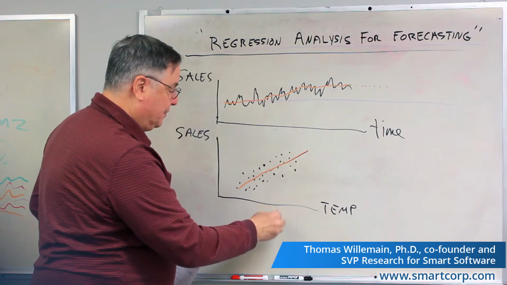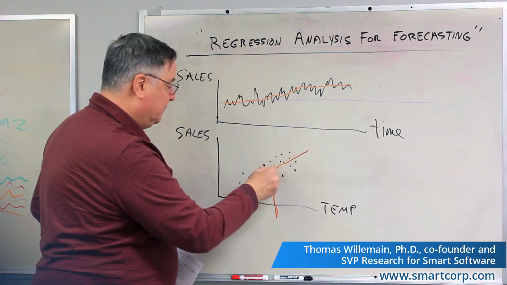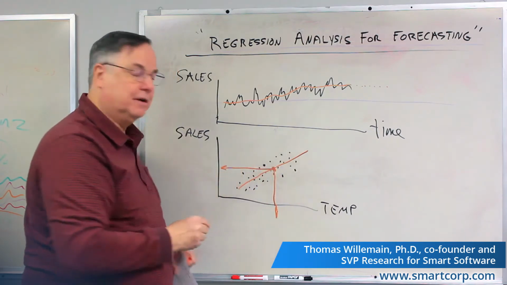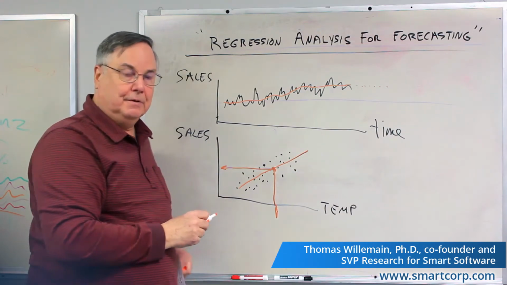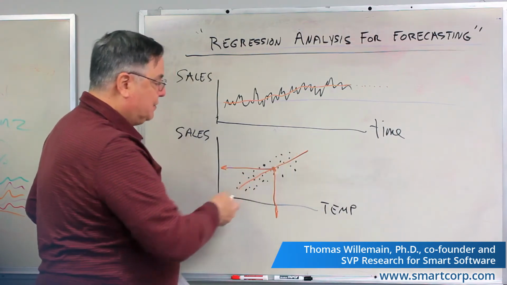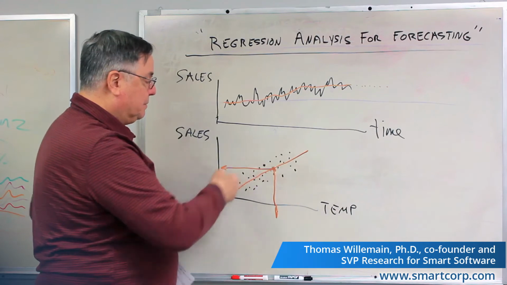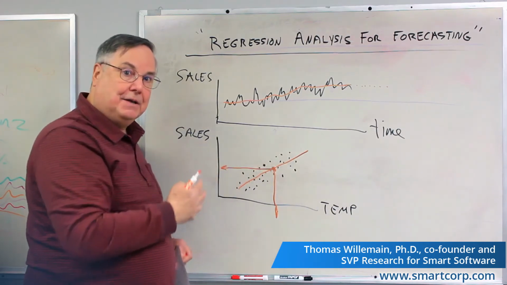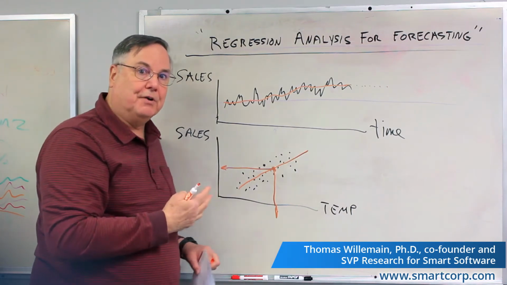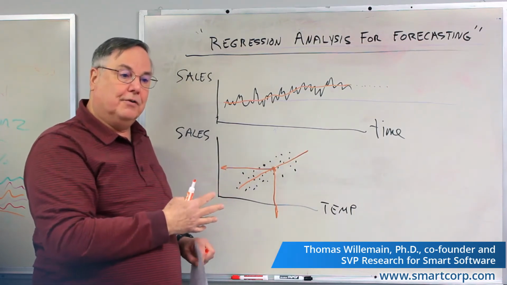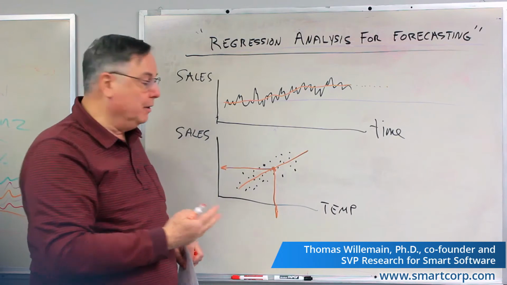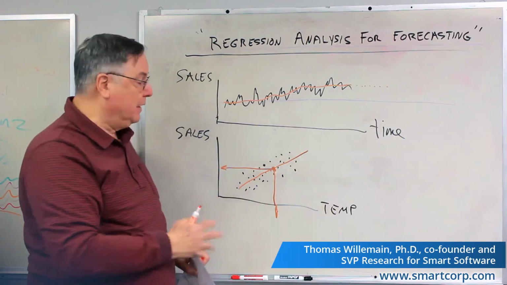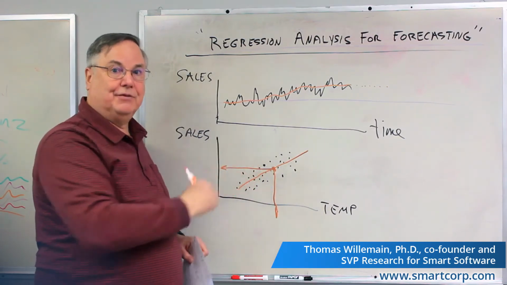So if you give me a particular temperature, I come up to this curve and I can read off a particular projected sales value. So we need to find this line, and then we can exploit that relationship. And if we're just looking back at history and we want to explain to ourselves when is sales higher, when is sales lower, and how does temperature affect that, this picture is the answer.